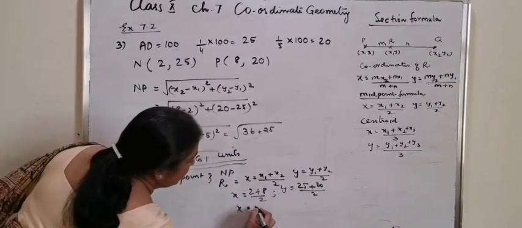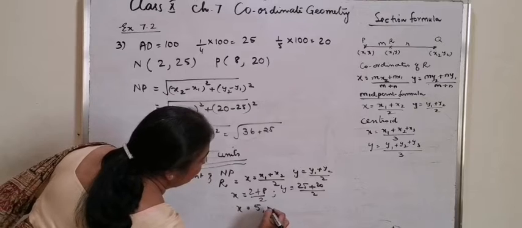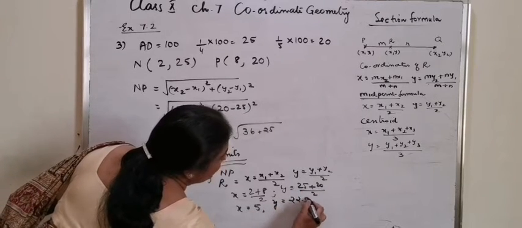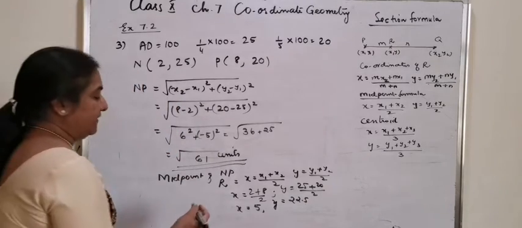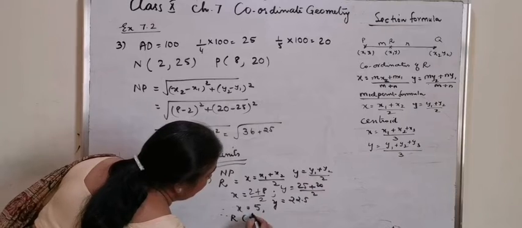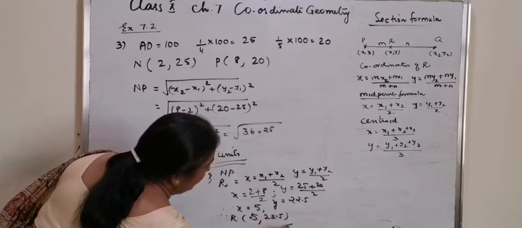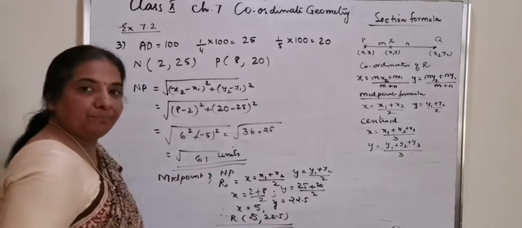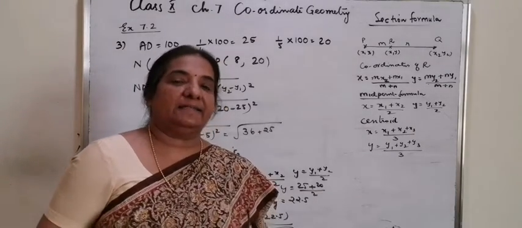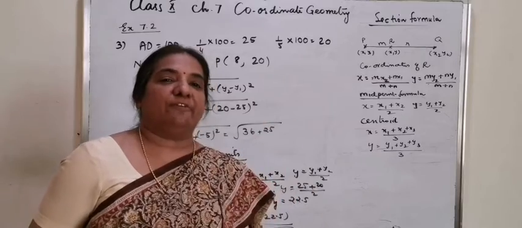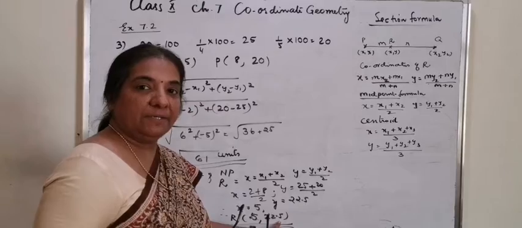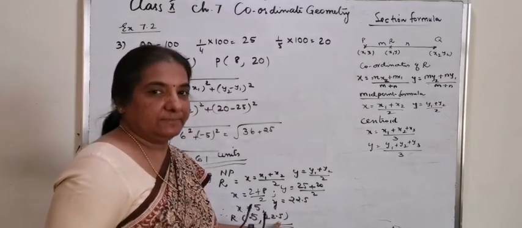That means x is equal to 10 by 2, which is 5, and the y coordinate is 45 by 2, that is 22.5. Therefore, the coordinate R is (5, 22.5), which shows that it should be on the 5th line and at a distance of 22.5 from the origin. That is the place where she has to keep the blue flag.